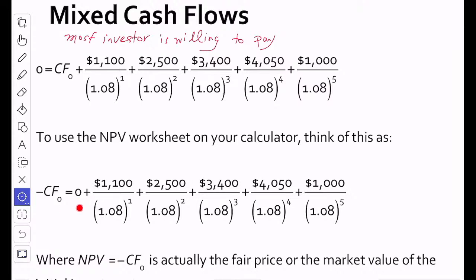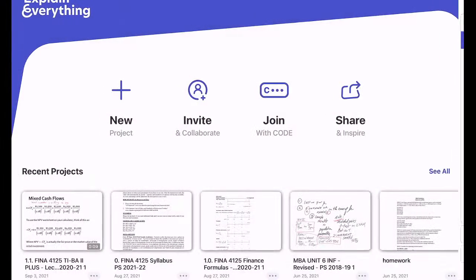For the initial investment, I should put 0, put the string of revenues for the next 5 years, one at a time, and then what I get represents the NPV for my answer, but it is the fair price or the market value of the initial investment. So that's how we're going to interpret it.